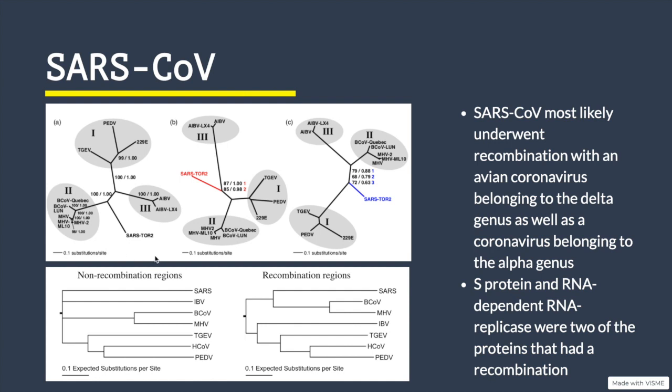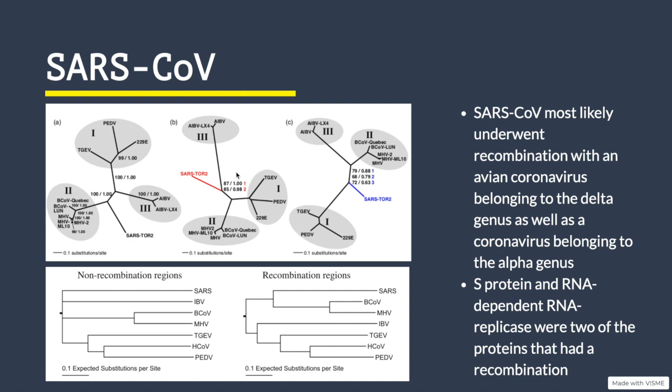So this first image is the phylogeny that was formed when they created it using the whole genome. So you can see the SARS coronavirus, TOR2 is just a specific SARS coronavirus that they used. You can see how it is most likely grouped with beta coronaviruses. So group 2 is also known as beta coronaviruses. However, in B and C, they use different segments which the recombination detection program Plato indicated was a recombinant region, and they made a phylogenetic tree with those regions as well.